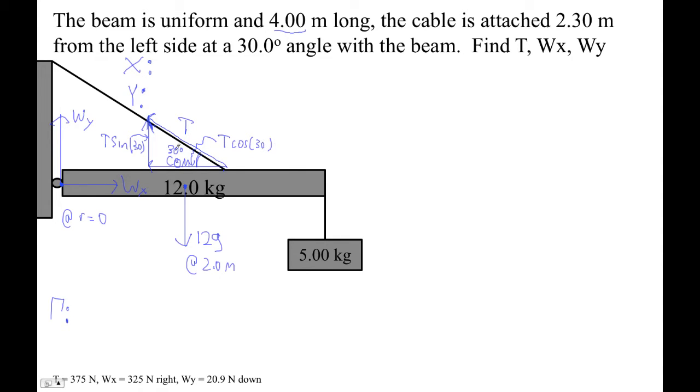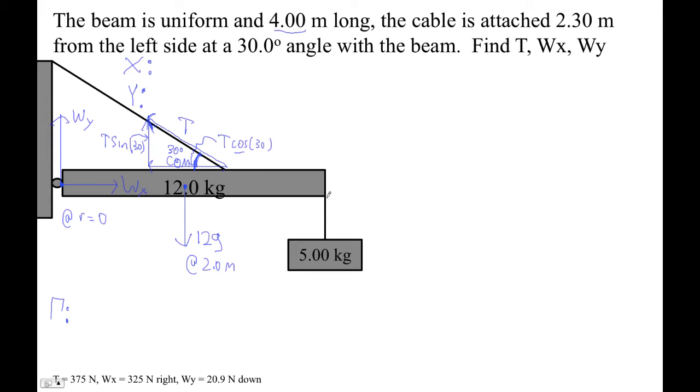Now where am I getting that? That's from SOHCAHTOA, right? This is the side opposite, so it's sine. This is the side adjacent to this angle, so therefore it's cos. So T sine theta is this one, T cos theta is there. This will pitch into the X formula. This will pitch into the Y. It also does torque.